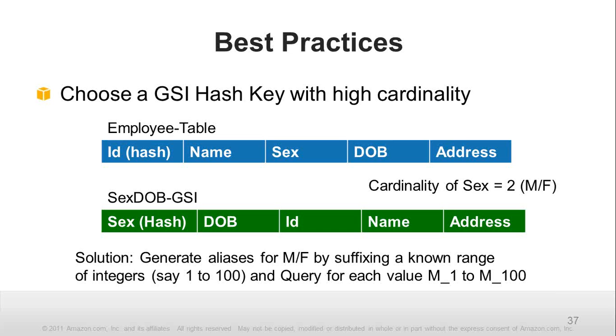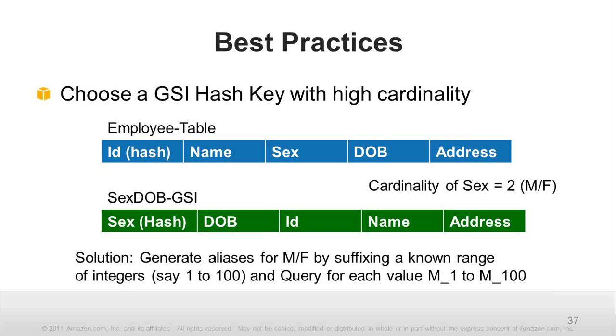I think the way to solve this problem would be to generate a prefix or a suffix, let's say M_1 to M_100, and use that as the value for sex. In which case this data can be spread across 100 partitions.